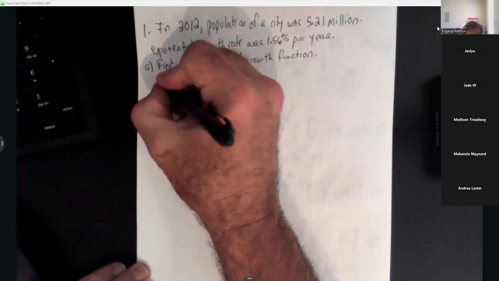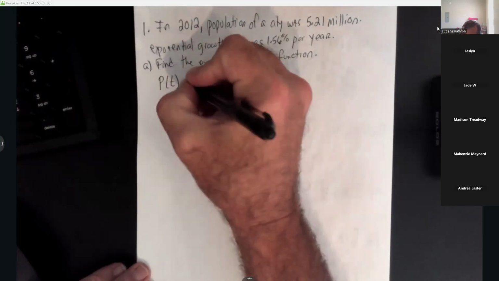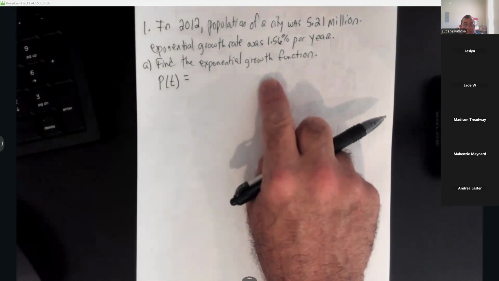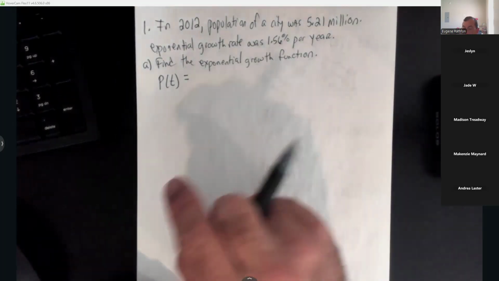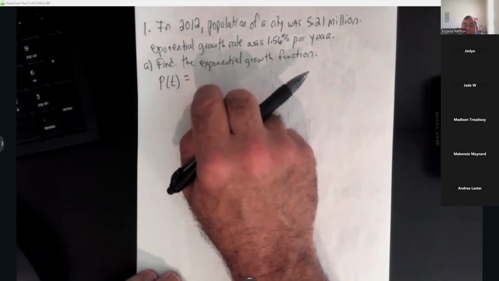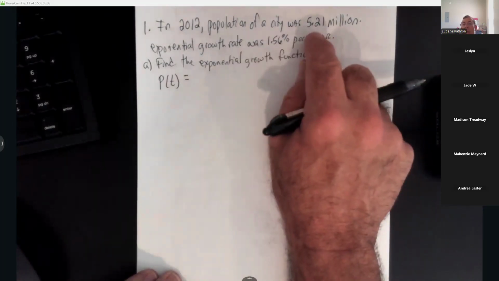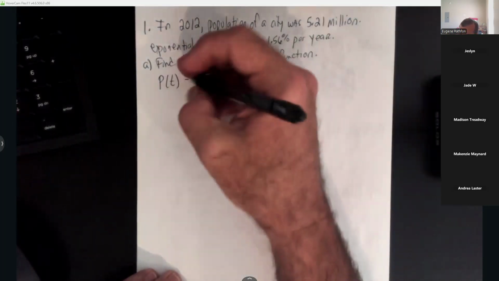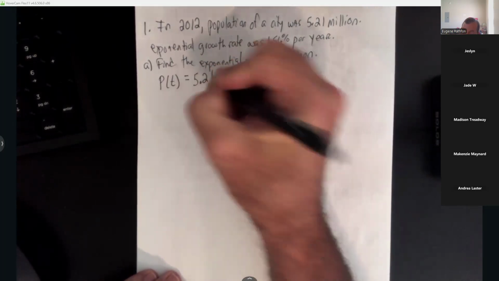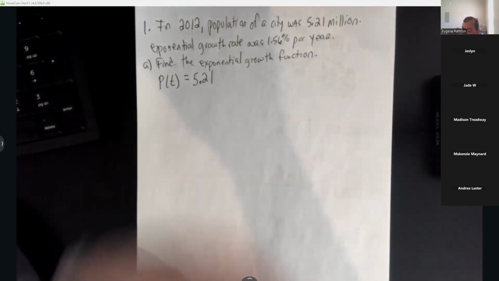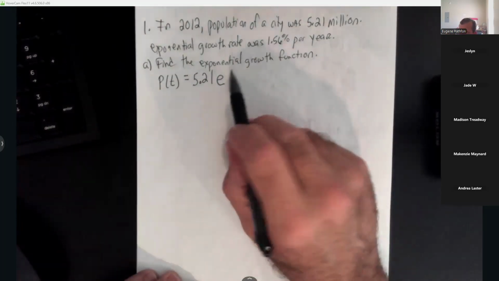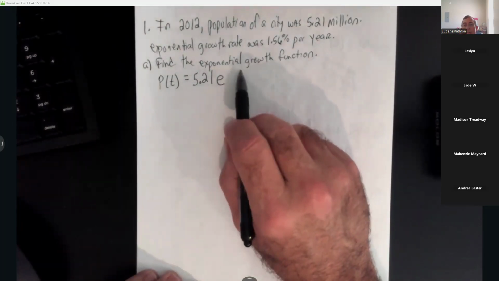They're going to give you the P of t, and then we're going to put in the formula. Remember, it started out with P sub 0, my initial amount. My initial amount is 5.21 million. So that's going to be 5.21. And then we had e, and that's raised to the kt.